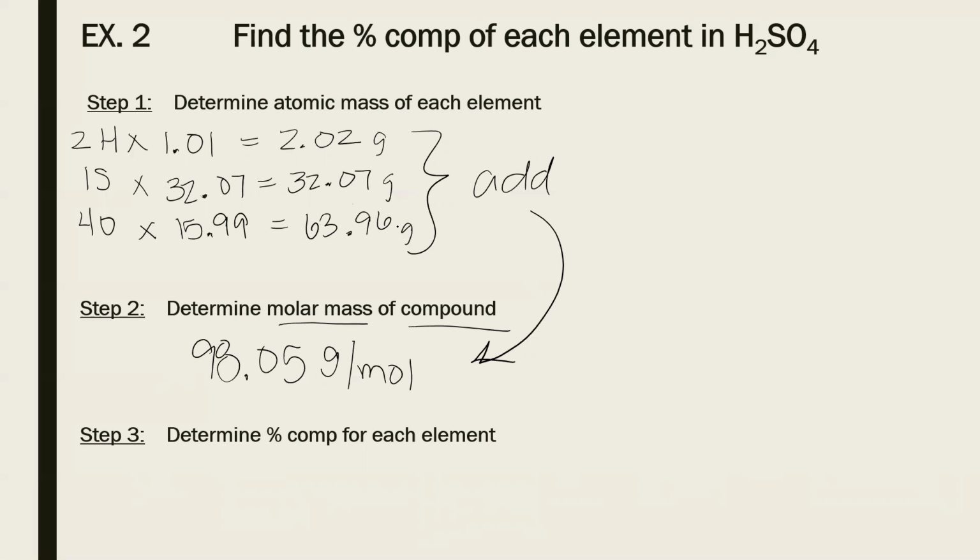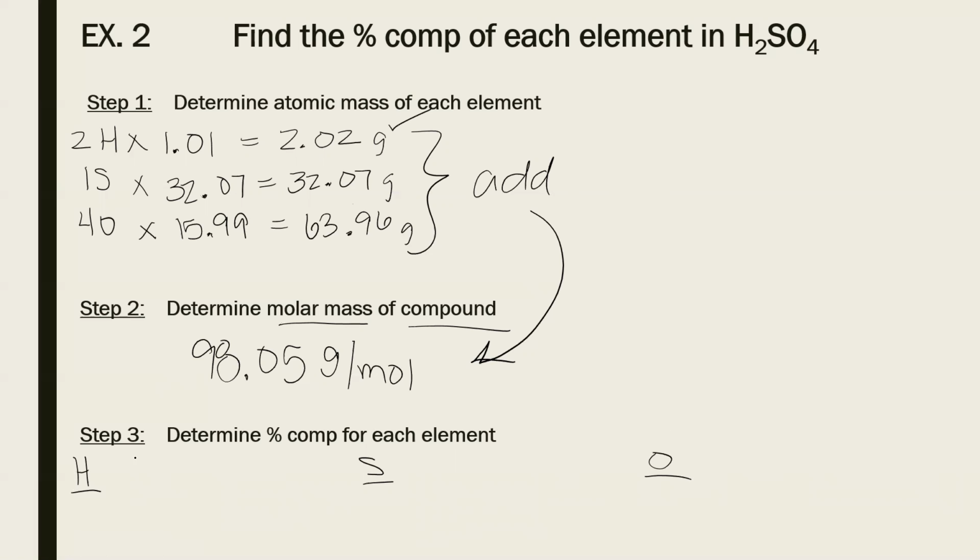Okay, and then determine the percent composition for each. So I'm looking at how much of this compound is hydrogen, how much of this compound is sulfur, how much of this compound is oxygen. So I take the atomic mass for all the elements for that atom, so the total mass of all the atoms of that element.